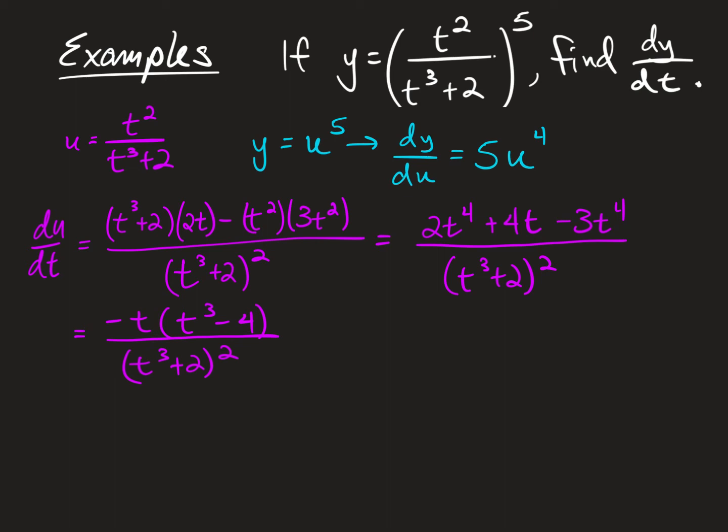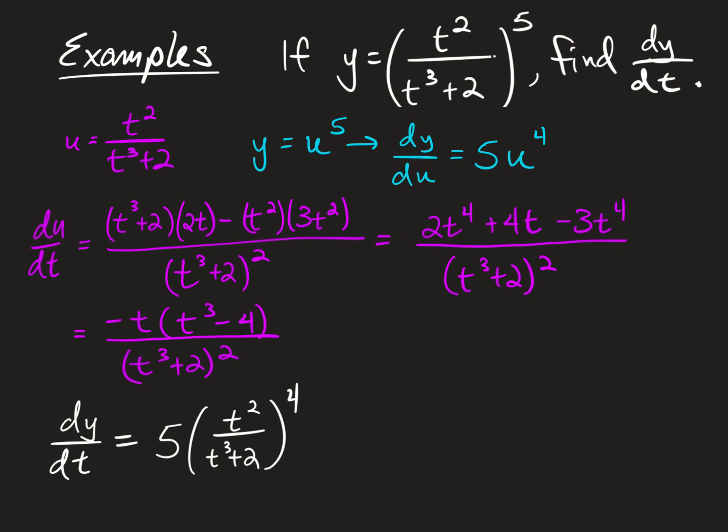So let's go ahead and do that. This will be dy dt. So the dy du derivative up here is 5u to the 4th, but we already know that we're going to have this in terms of t because that's how we started. So I'm just going to substitute this fraction back in for u as I write this out. So 5 times t squared all over t cubed plus 2 to the 4th power.